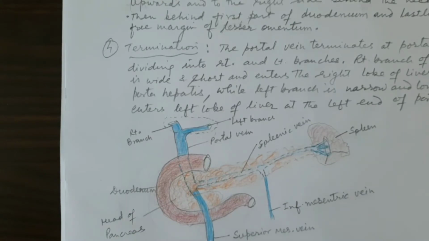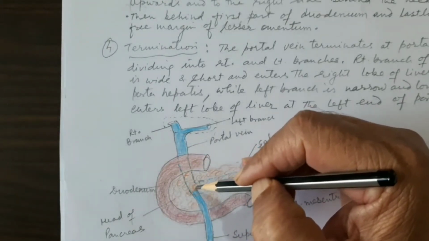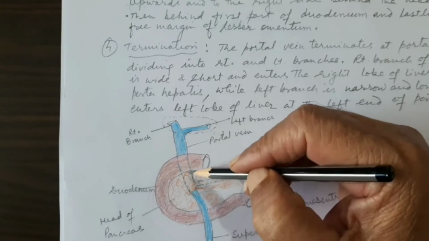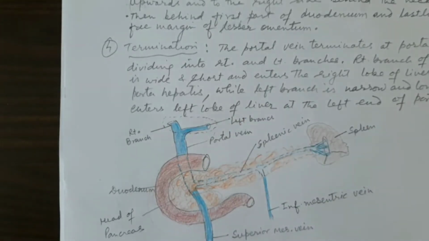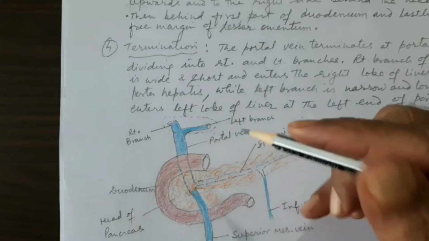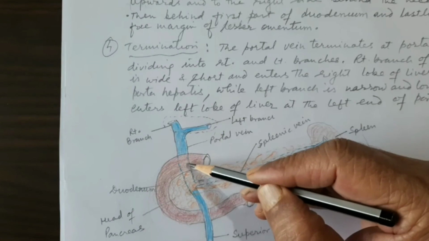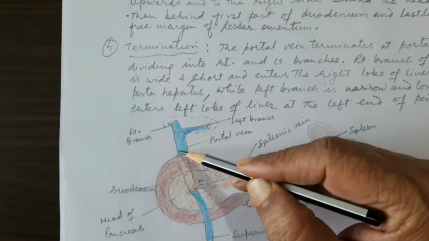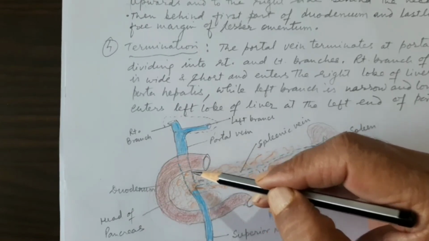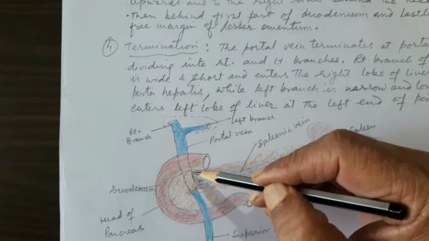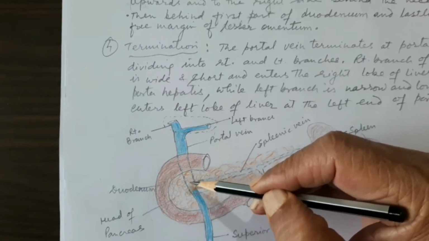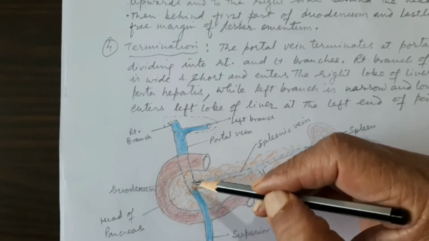Let us see the course of the portal vein after its formation, where it is going. After its formation, the portal vein runs upward and slightly to the right side behind the neck of the pancreas.